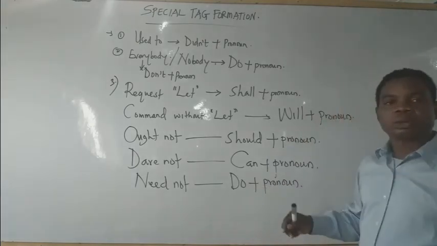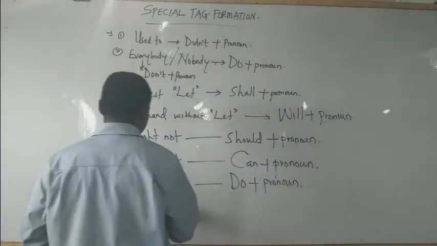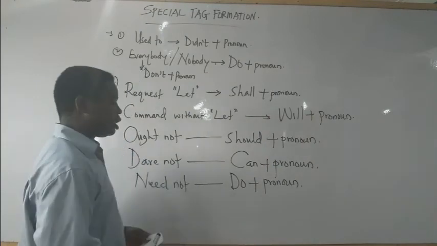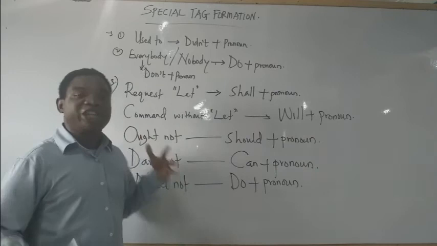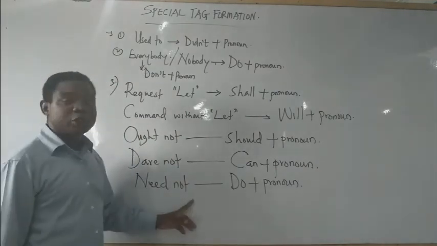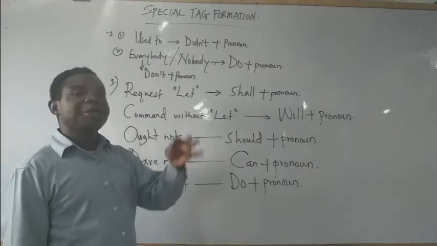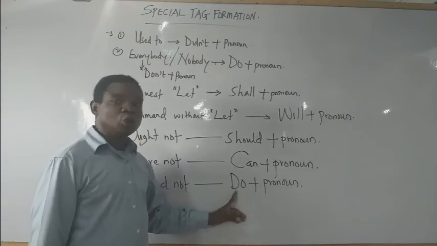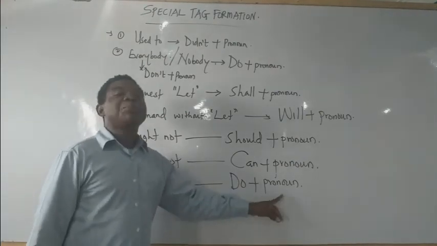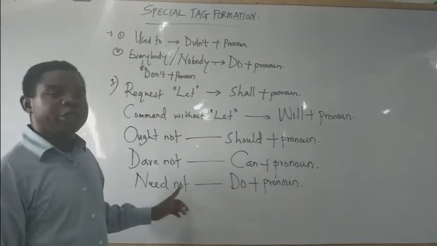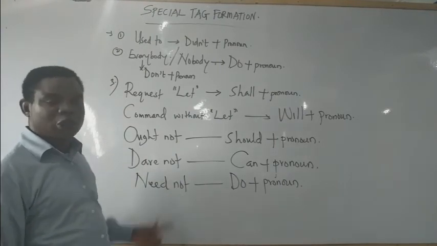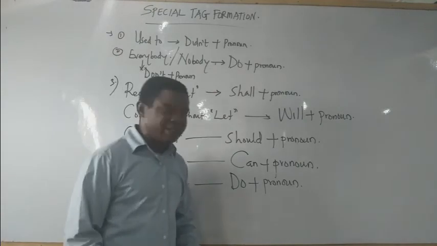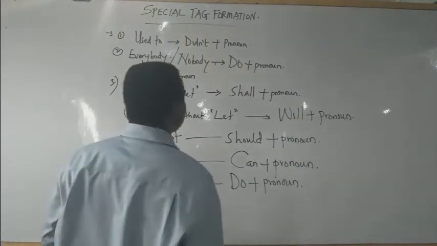Does he? So the noun used in forming the sentence determines whether it's do or does. Generally, once you have need not, the question tag will take do or does plus a pronoun, depending on the singular or plural nature of the subject forming the sentence. Take note.